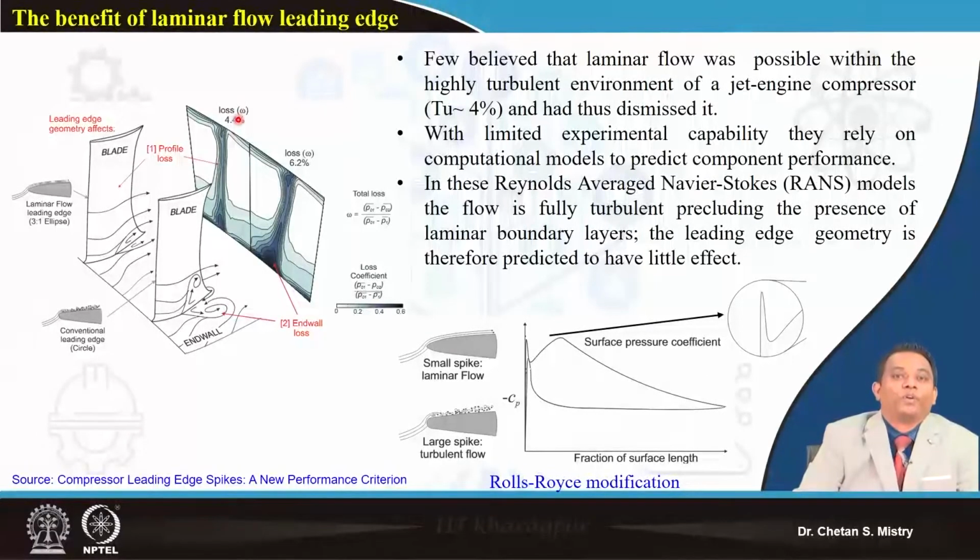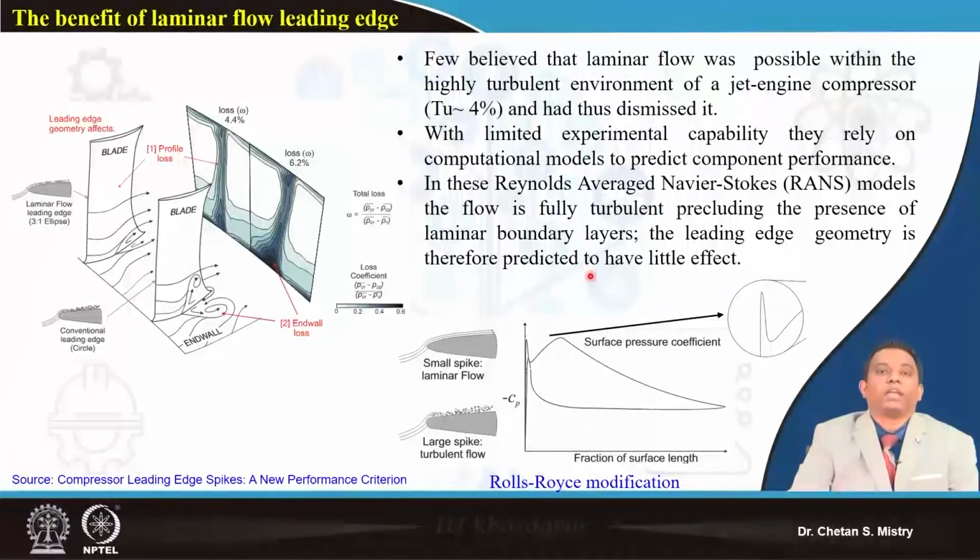If you try to recall, we were discussing the effect of the shape of my leading edge. Here, this represents my conventional leading edge, and this is my modified leading edge. They define that as a laminar flow leading edge.